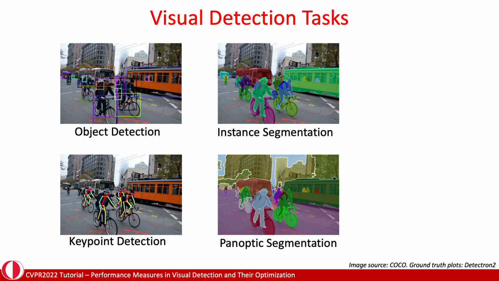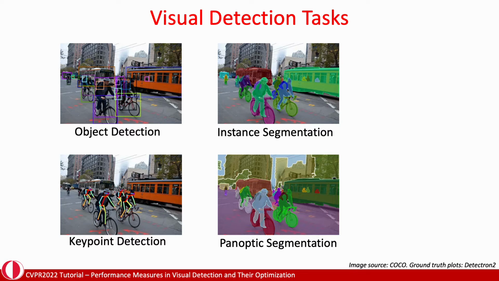There are four visual detection tasks that conform to the definition we just gave: object detection, instance segmentation, key point detection, and panoptic segmentation. Object detection is the task of recognizing and locating instances of objects using bounding boxes. In key point detection, the goal is to detect important points of an object instance that characterize the pose of this object.